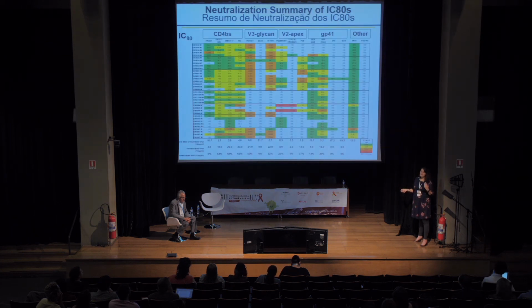And then to summarize all this data, this is a really large heat map of all the IC80s. What I'm showing here is each participant is in a black box, and then each row is the viruses that we tested. So these are positive wells in the QVOA assay.